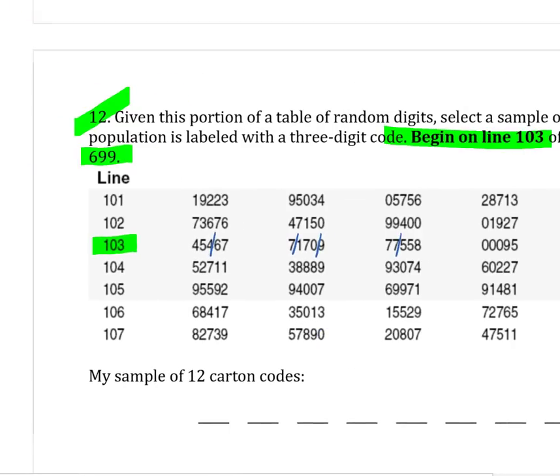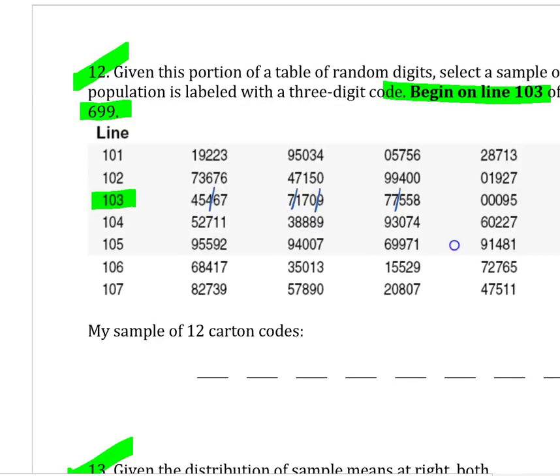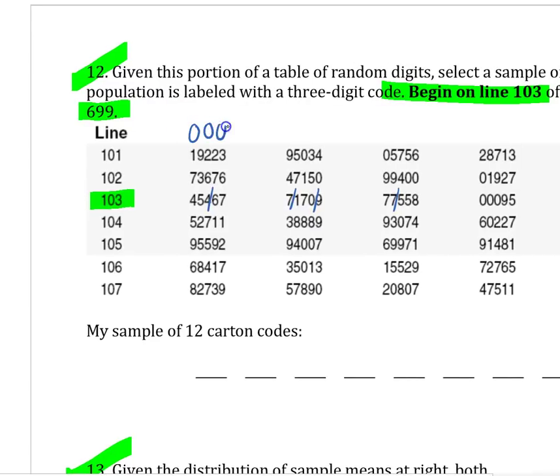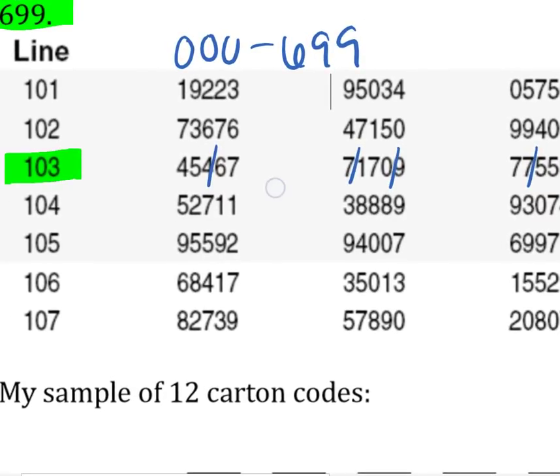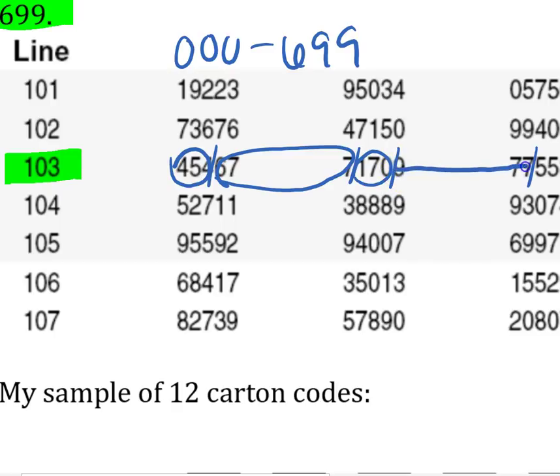Now, let me see, what were the digits again? 000 to 699. So this 554 would count as a number that's in my interval. 679 would count. 170 would count. But as soon as I get to 977, that's outside of the interval.